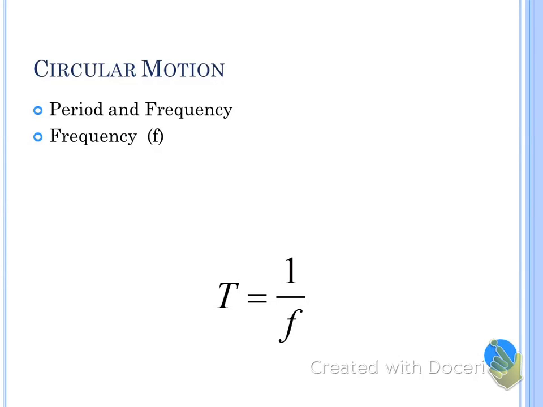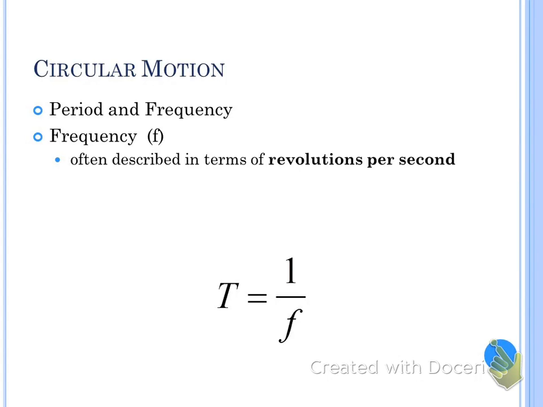Frequency is the little f. Frequency tells us how many revolutions an object makes in 1 second, or in 1 minute, or in 1 hour. It's a revolution per time interval. So it's telling us how many times it makes it around its circular path in 1 minute, or second, or hour. We want ours to be in revolutions per second whenever we work with frequency.